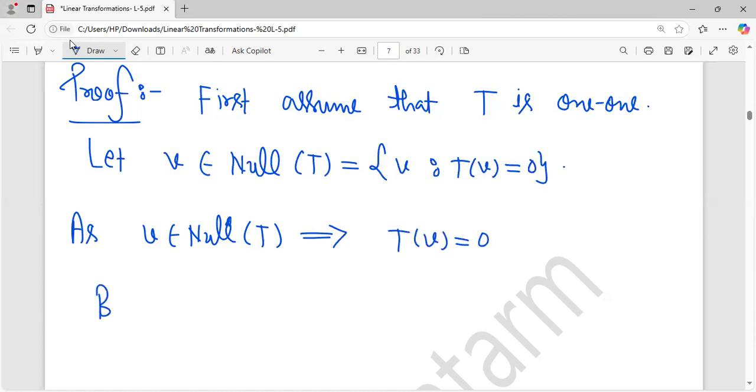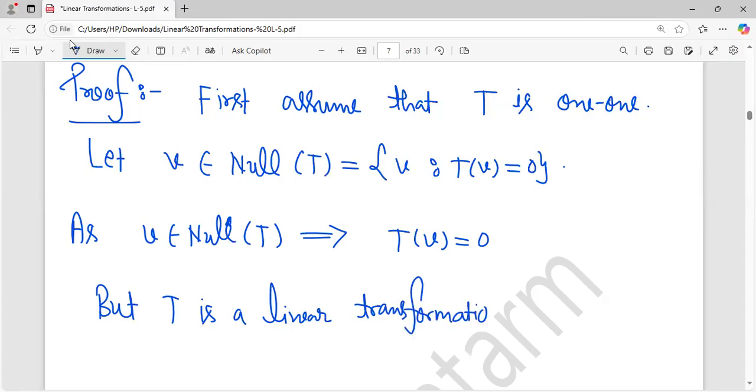But T is a linear transformation, so we have T 0 is equal to 0. So this implies T V is equal to T 0 is equal to 0.